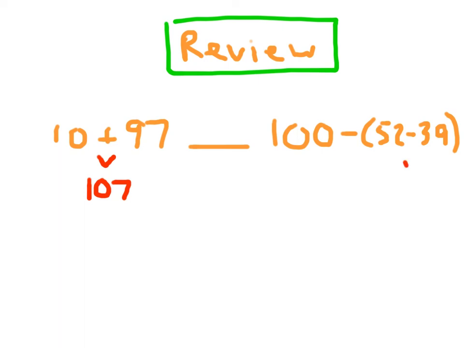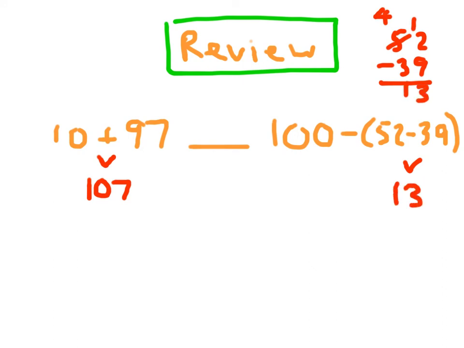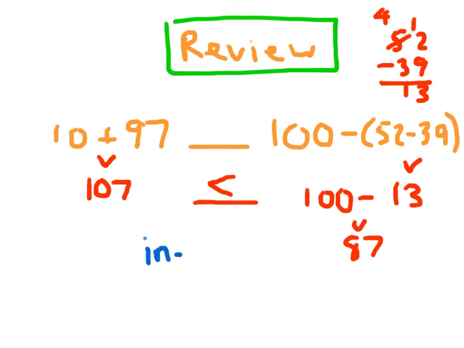I'll do 52 minus 39 first. 52 minus 39 is 13. And then I have 100 minus 13, which is 87. So 107 is less than 87. This whole thing, 107 less than 87, is a what? Inequality.